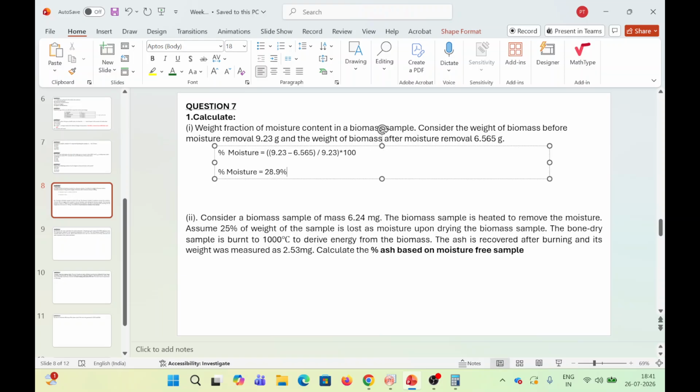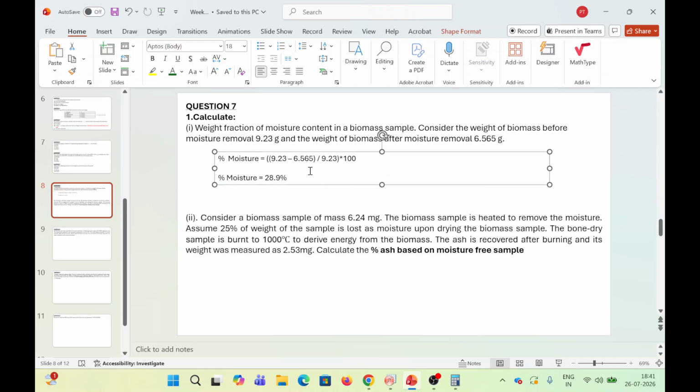And so it's 28.9 percentage. So this will be the percentage of the moisture of the as received sample.